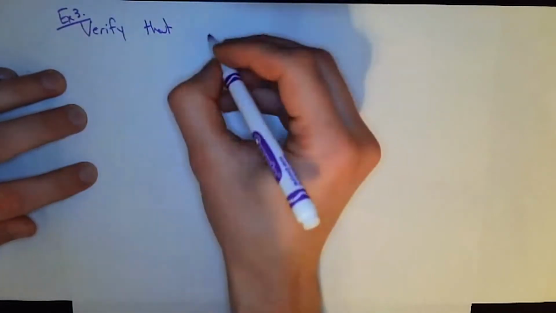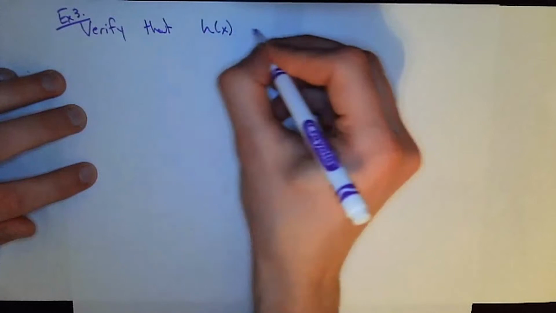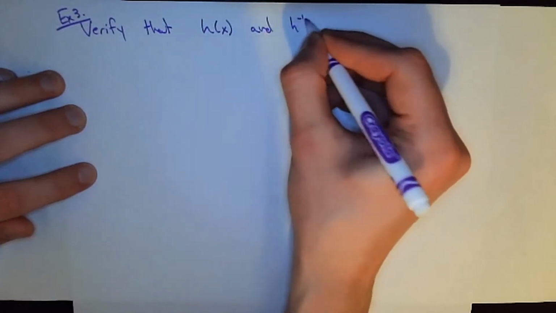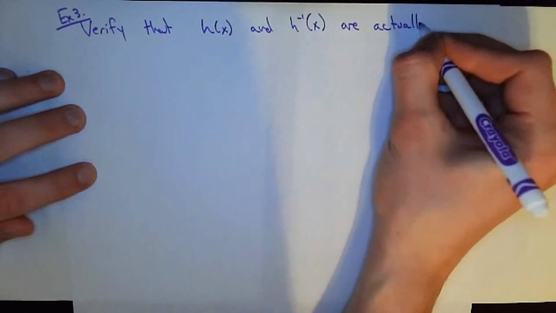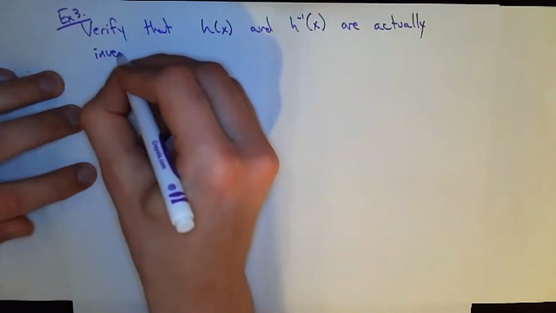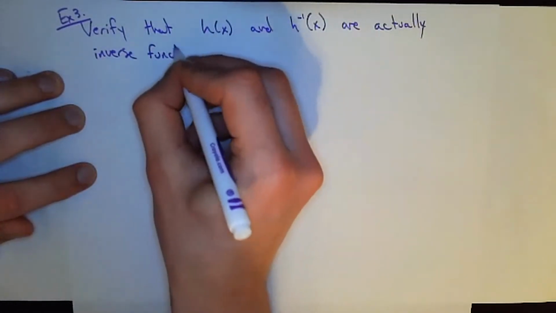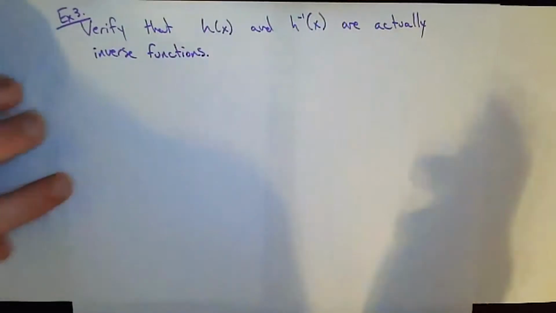Sorry, example 3, I forgot to enumerate it. Example 3: verify that h of x and h inverse of x are actually inverse functions. How do we do that?